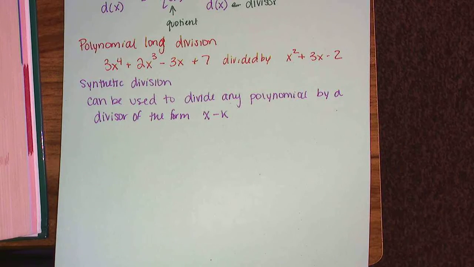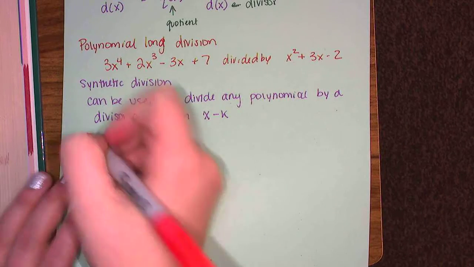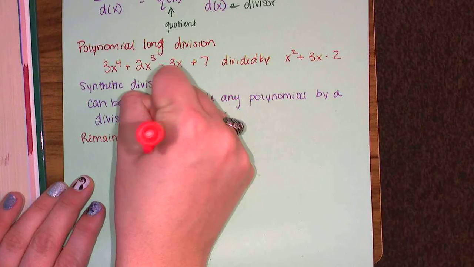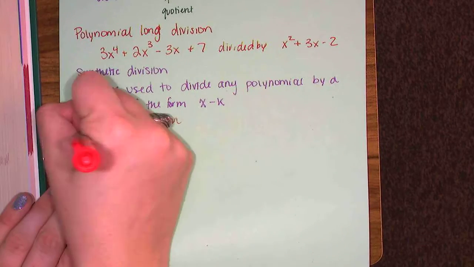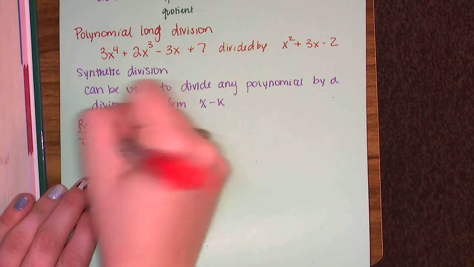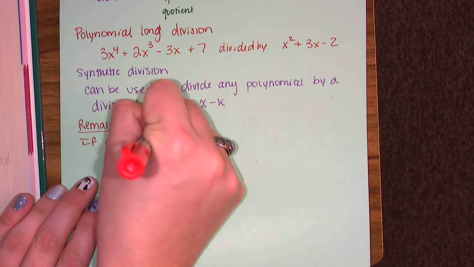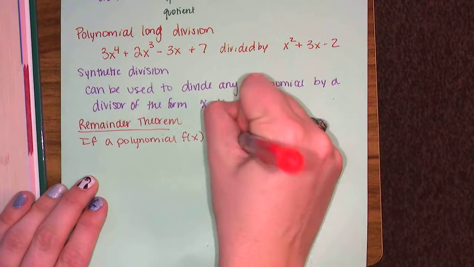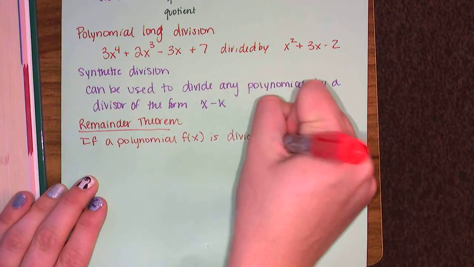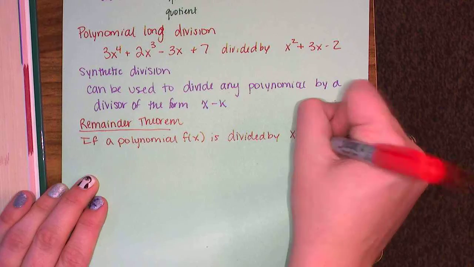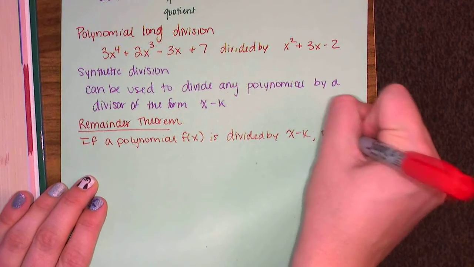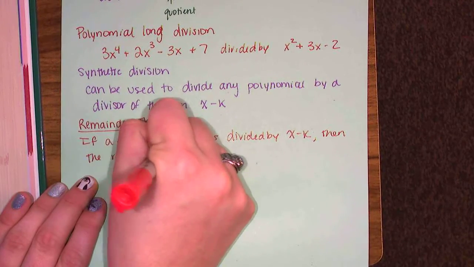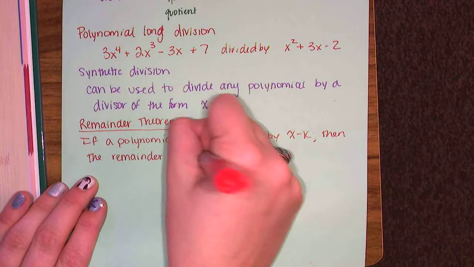Then we have the remainder theorem, which says that if a polynomial f of x is divided by x minus k, then the remainder is r is equal to f of k.